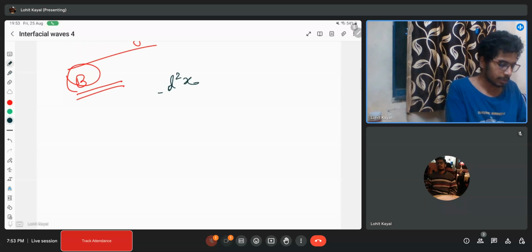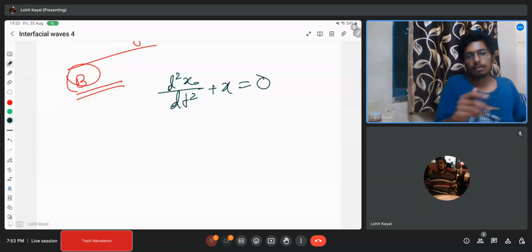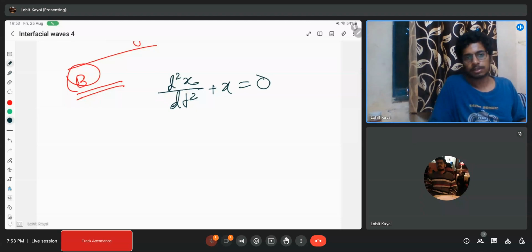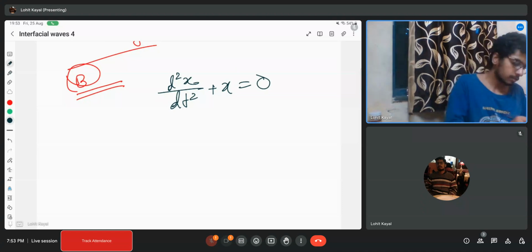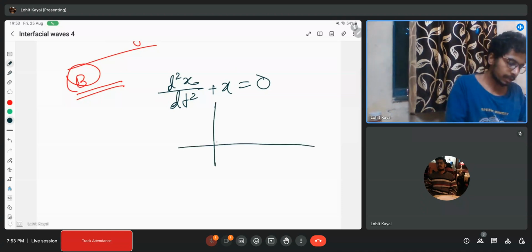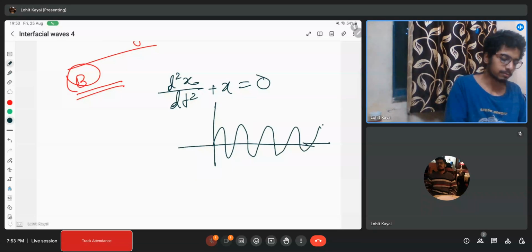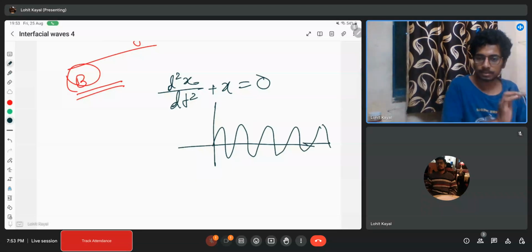Suppose you have an equation like this: d2x/dt square plus x equal to 0. We all know the solution of this. It is either cosine t or sine t. Now, if we draw its time signal, it will be something like this with a periodic solution. Pardon my drawing, but this is sine t.